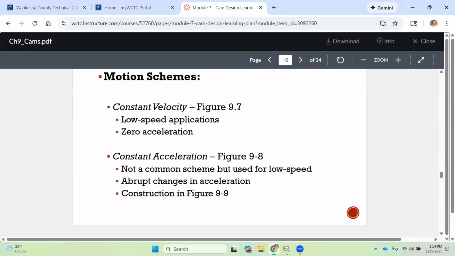As we look at motion schemes, the motion schemes are going to set for us those radiuses in and out of that sequence of motion we're looking at.